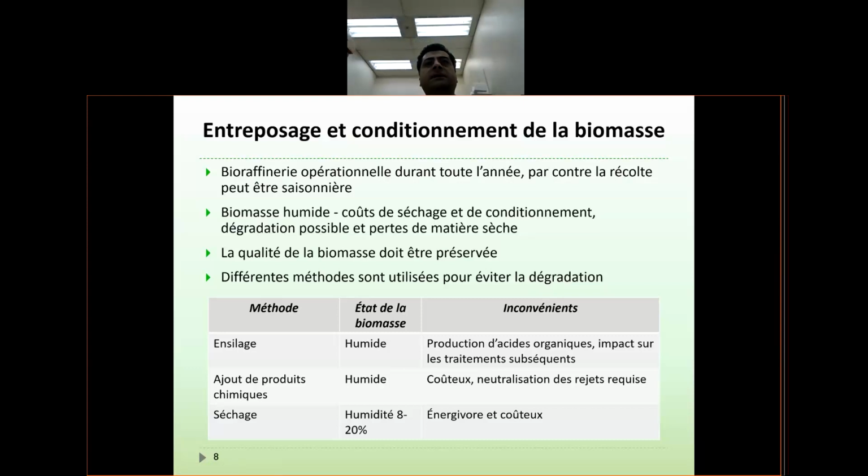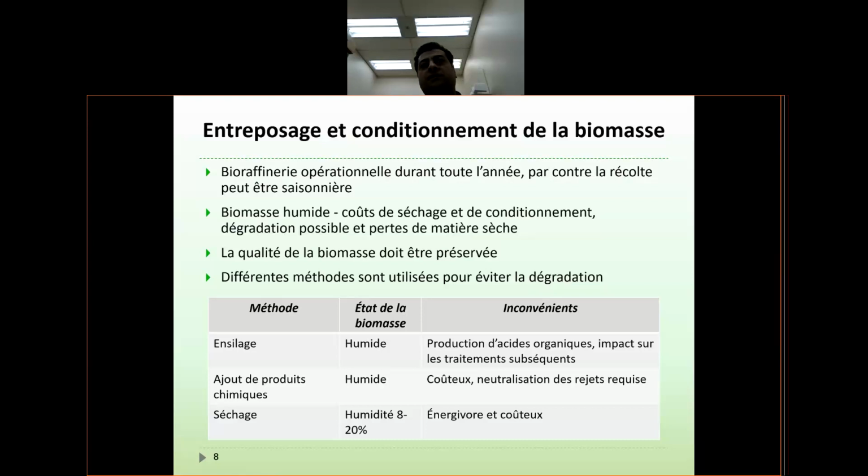The process becomes a bit expensive. Some people forget about this step in biomass conversion. When they do their process design, for example economic calculations, you have to consider storage, and also you have to know that during the storage, maybe you lose some material after you have dried it. So there is no choice.